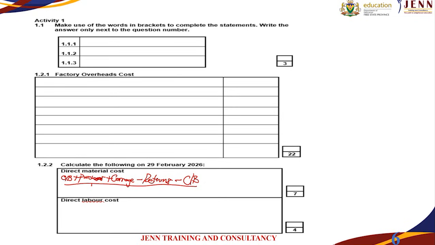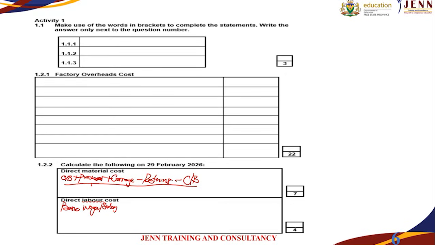And then secondly, we also have the direct labor cost. With direct labor cost, we need to understand that we have employees who are working on a weekly basis, and employees who are working on a monthly basis. If they are working on a monthly or weekly basis, we pay them the basic wage or the basic salary. So first of all, we need to calculate how much we are going to spend on the basic wage and the basic salary.